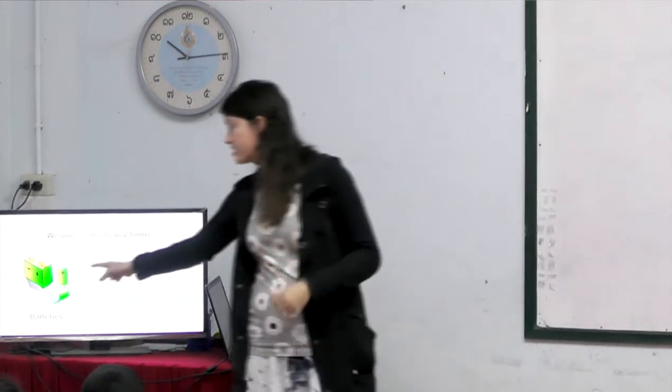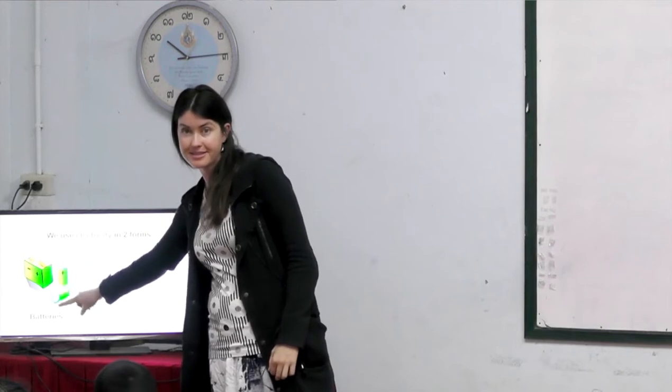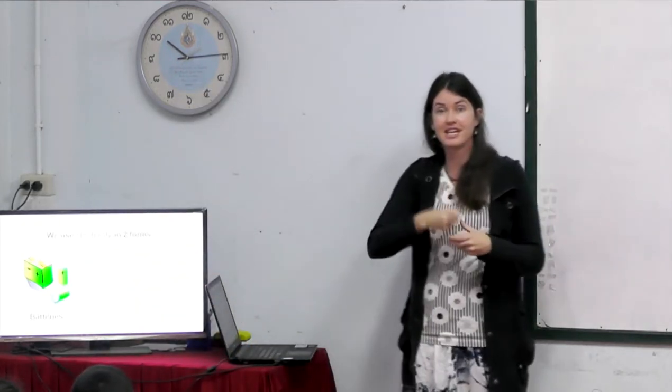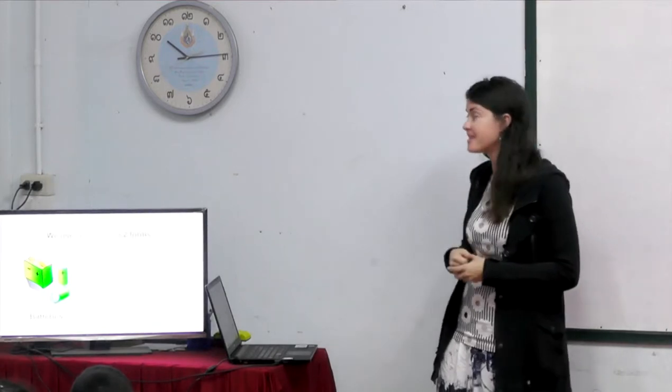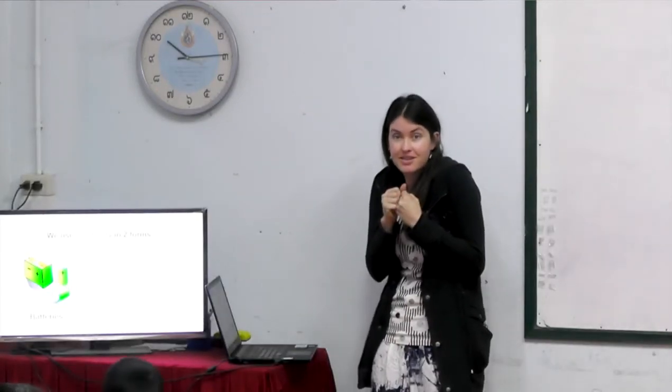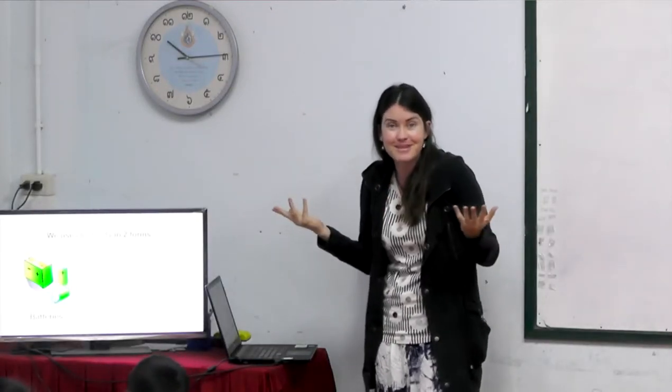All that energy is stored in these batteries, and we can put those batteries into our flashlights or our cell phones, and those flashlights and cell phones are going to work. We're going to use the electricity that's inside those batteries.